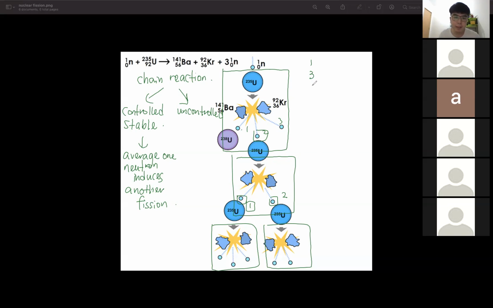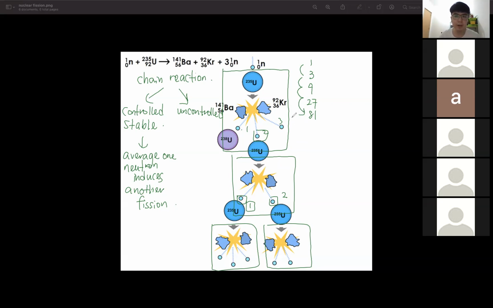So you get 9, and then the next you get 27, then 81. By the 4th stage, you already have 81 neutrons that are going to start another 81 fissions.